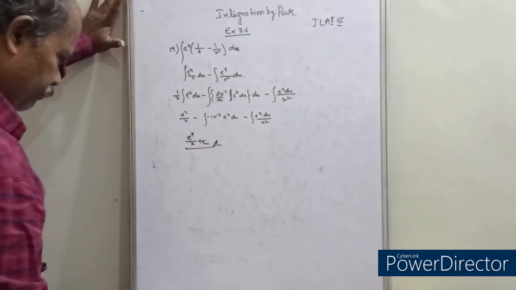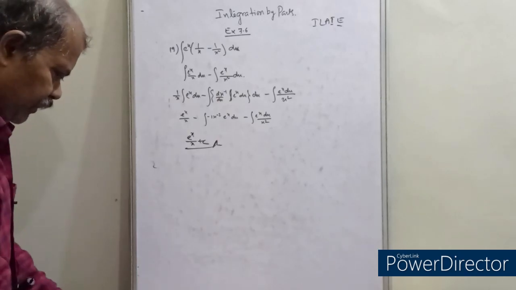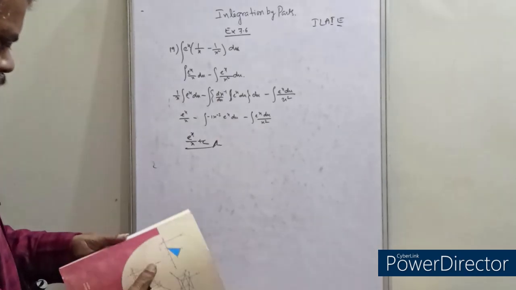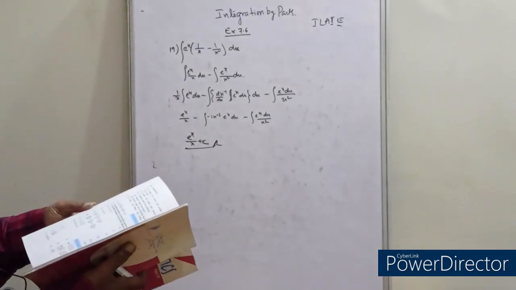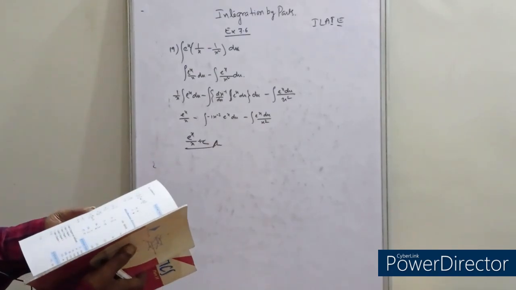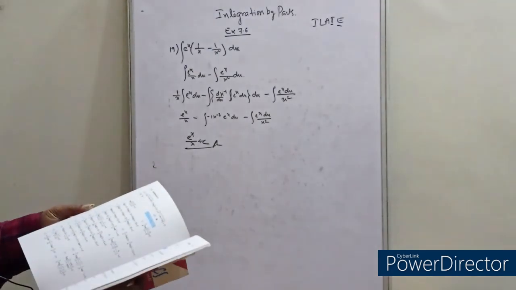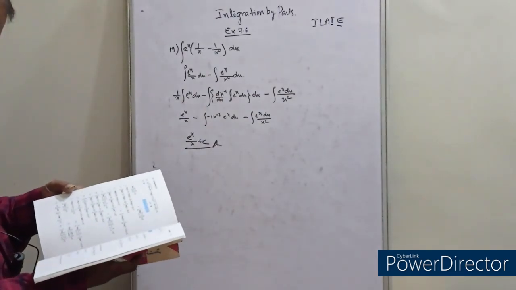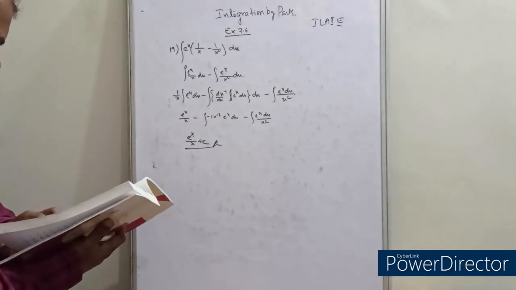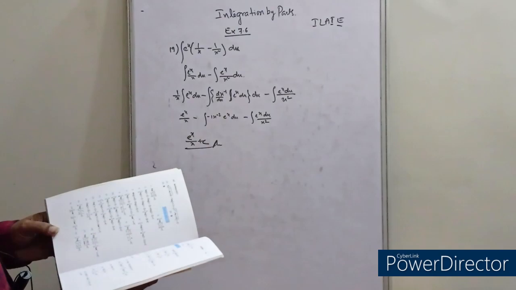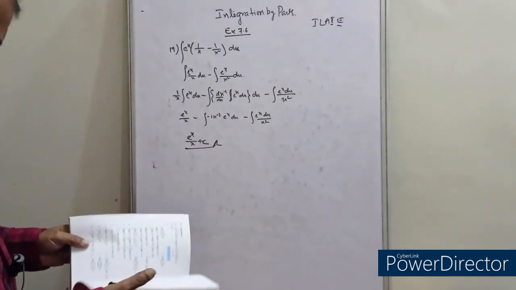This is your answer. So let me check the answer. Exercise 7.6, question number 19, e to the power of x by x plus c. This is correct.